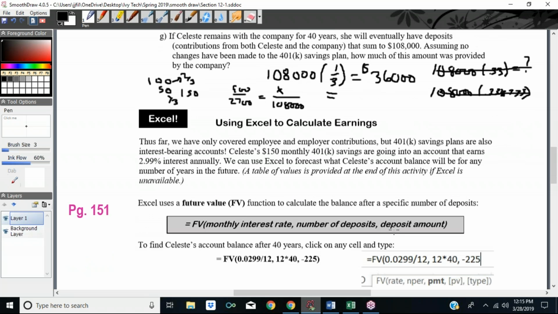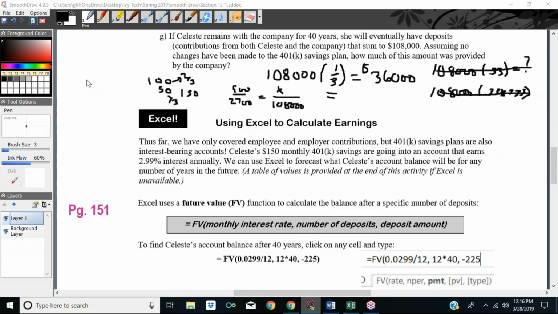So let's see what happens here if we make this investment. Now, what happens with the 401k is a lot of times you earn interest on it. Hopefully it's positive and based on the market, or if it's a fixed number, we're going to use a fixed number for our example. So it says, thus far we have only covered employee and employer contributions, but 401k savings plans are also interest-bearing accounts.